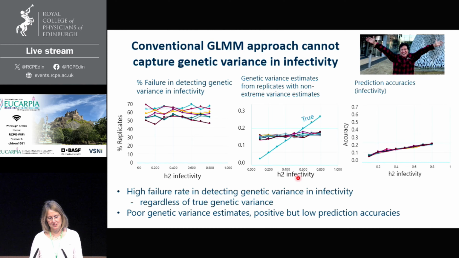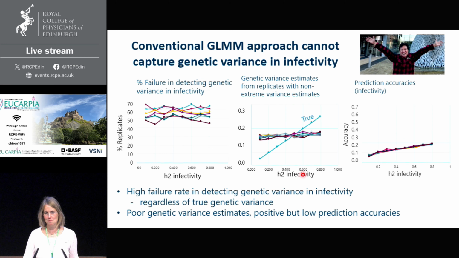I think Ricardo started with a heritability of infectivity of 0.5, and the results for the estimates actually weren't that bad. So we were quite happy. This is the true line, and this is what we got in the simulations. But the problem is it didn't scale with the genetic variance. We just got the same variance estimate regardless of how much variance you put in.